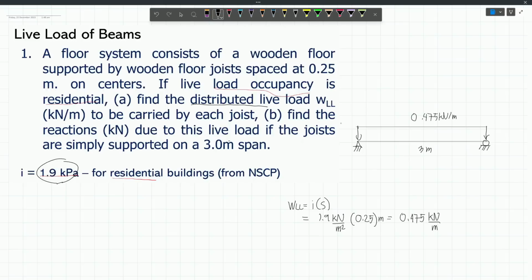To compute for these reactions, we can simply get the resultant and then divide the result by 2, kasi symmetrical lang yung beam natin. Symmetrical yung loading, and then yung supports are at each end. So the resultant of this one will be 0.475 multiplied by 3, which is 1.425 kN, and then dividing that by 2, we have 0.71 kN dito, and then dito rin.